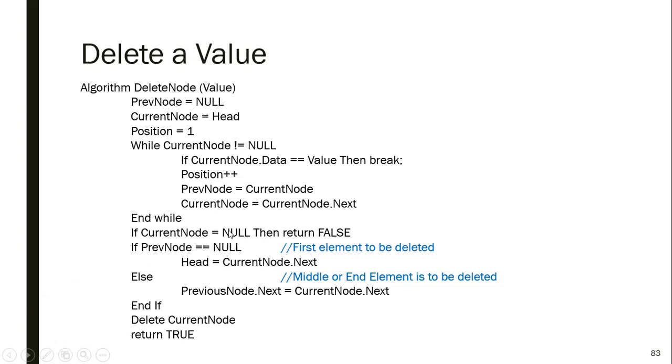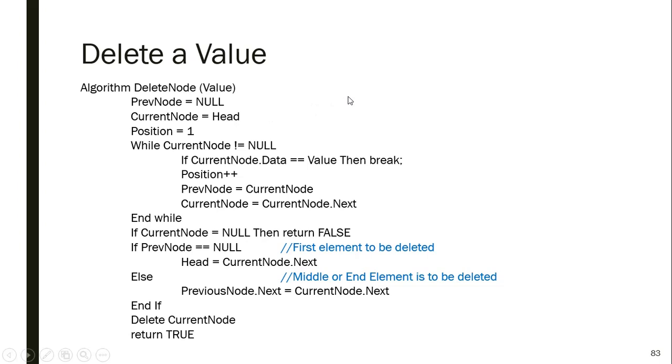So if current node is null, it means it reached the end of the list and didn't find the value, so return will be false. It means this value was not in the list. But if it was not the case and previous node was null, it means, you see, initially previous node is null and current node is head.